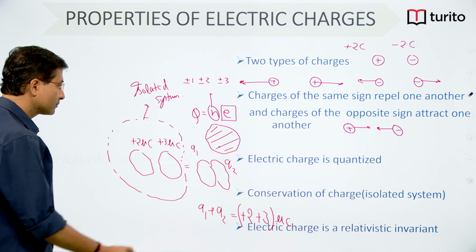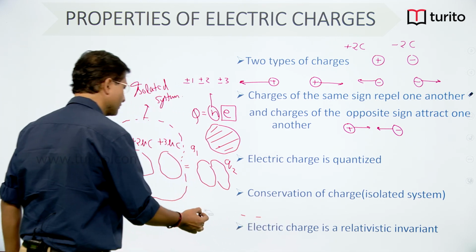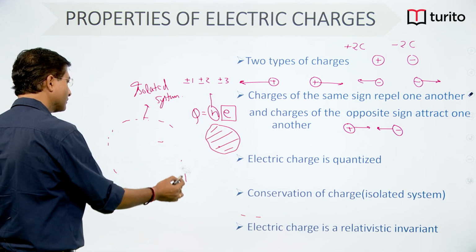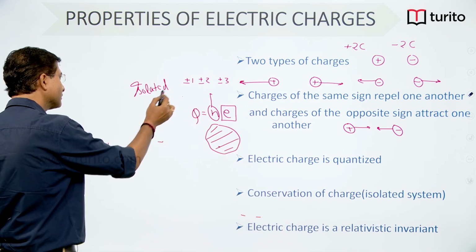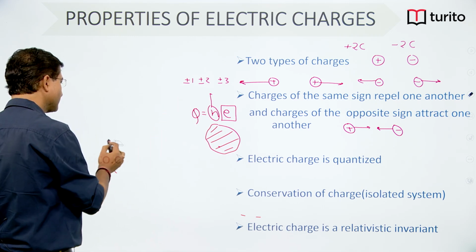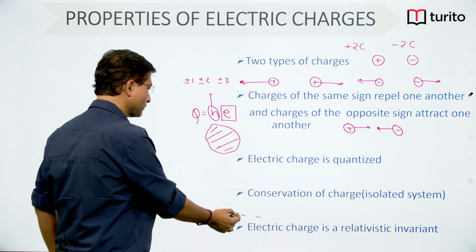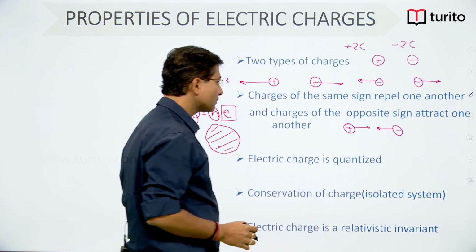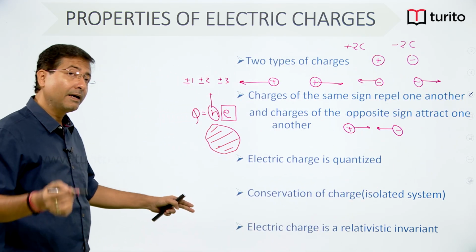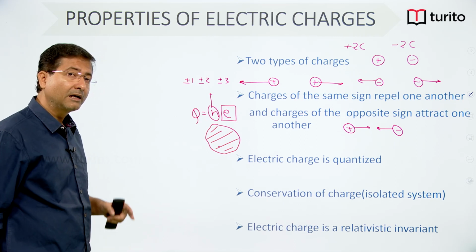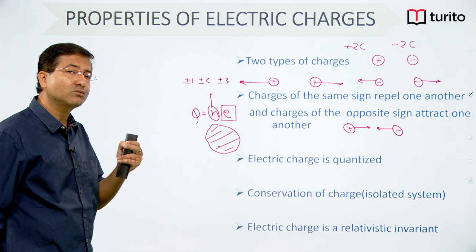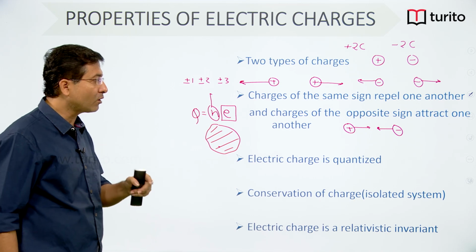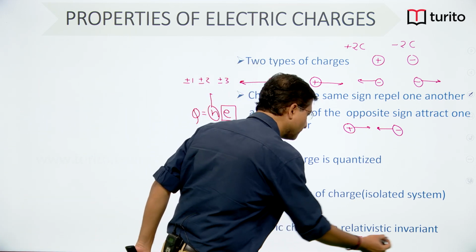See, unlike mass, if an electron moves with a velocity close to the speed of light, the charge on the electron remains the same. This is called relativistic invariant.